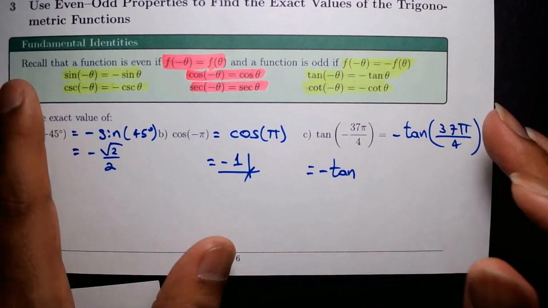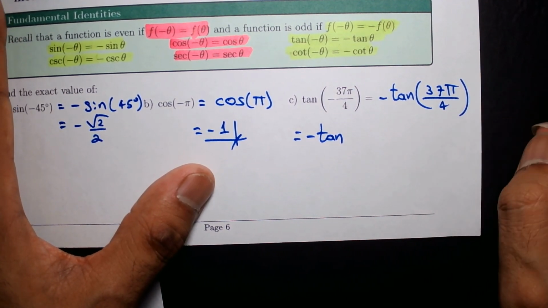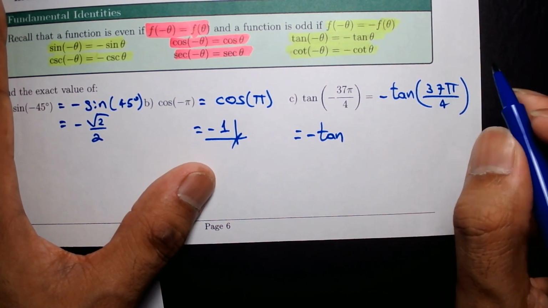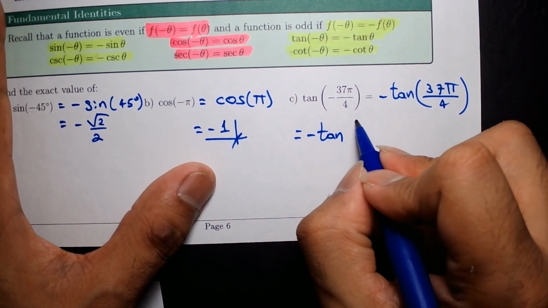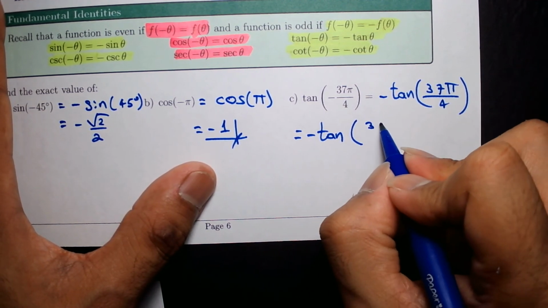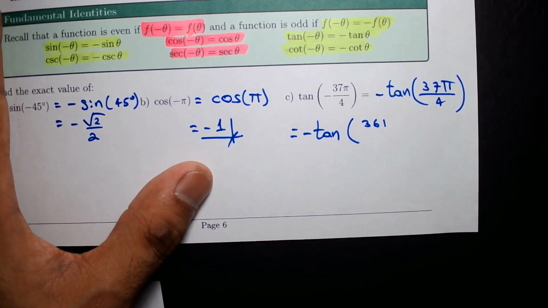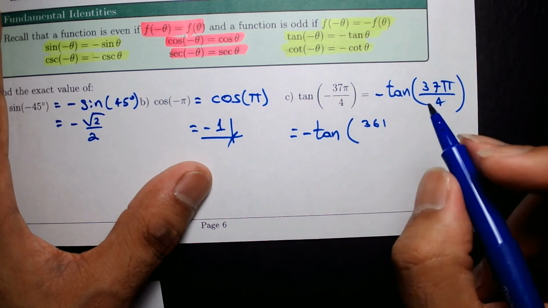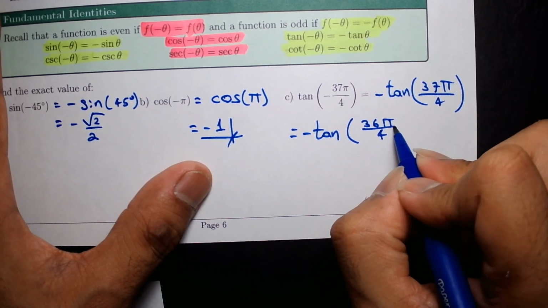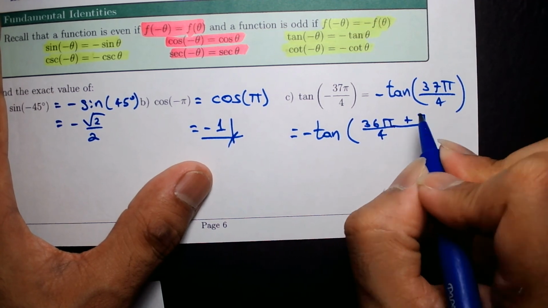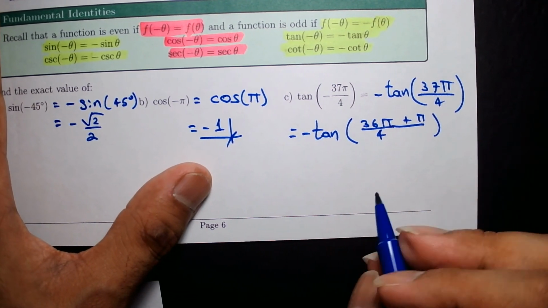So that's going to be 36 pi over 4 plus pi, because 36 pi plus pi gives me back the 37.